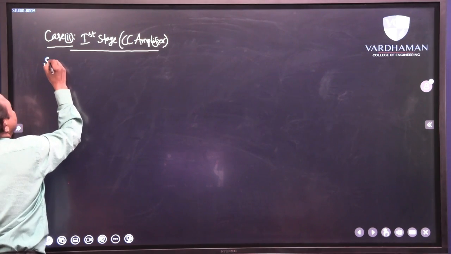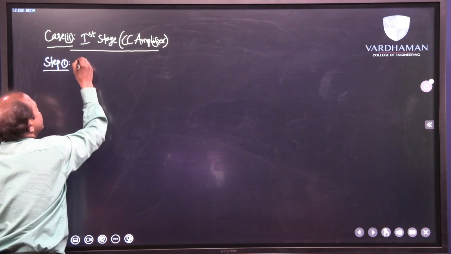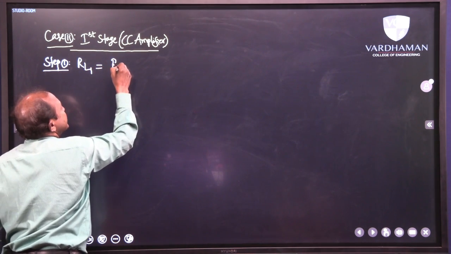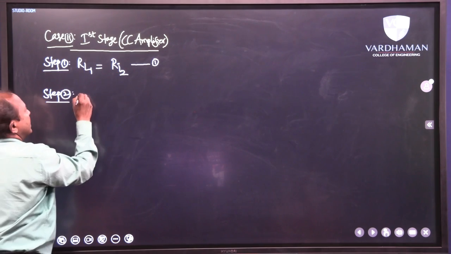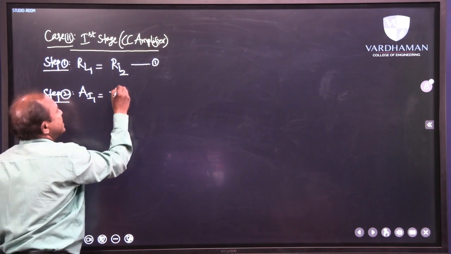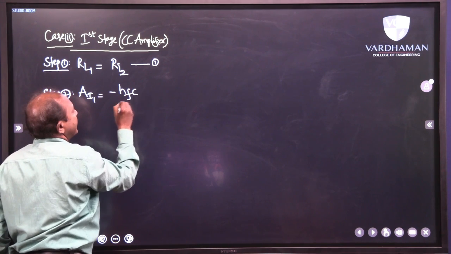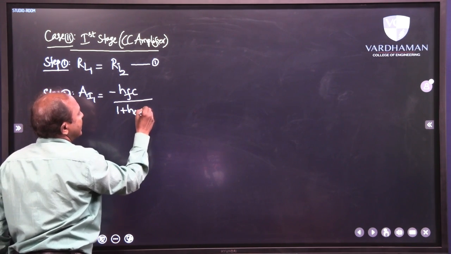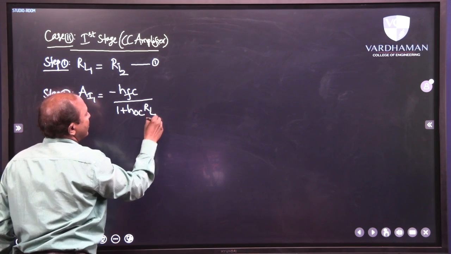Step 1, load resistance. Load resistance of first stage is equal to input resistance of second stage. Then current gain of first stage equal to minus HFC by 1 plus HOC RL1.